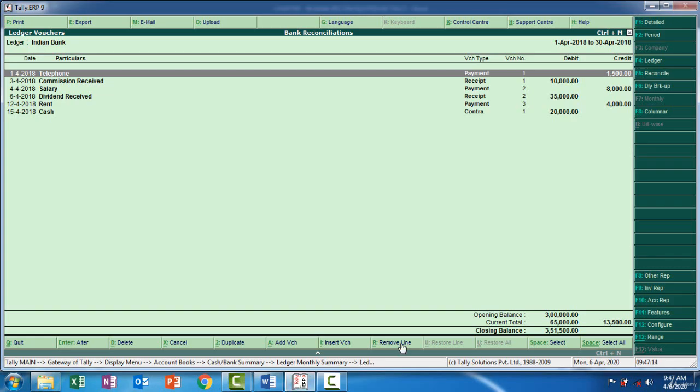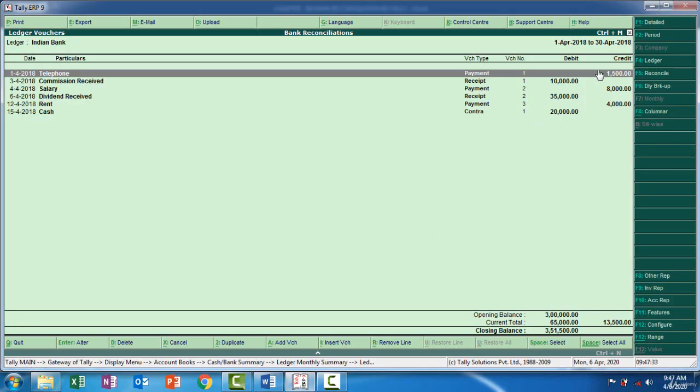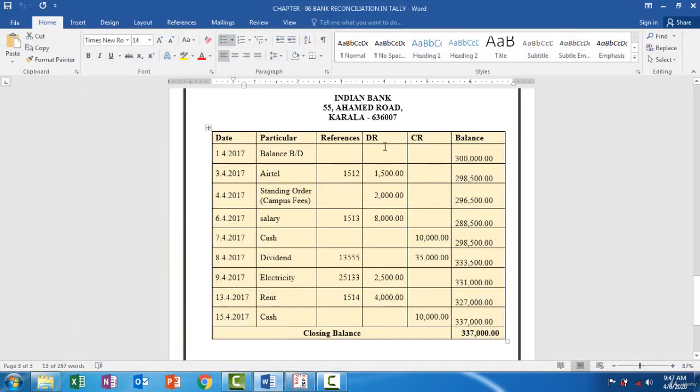First of all, we have to know the theory. In the company's bank book, the debit side equals the bank statement's credit side, right? And also the company's credit side equals the bank statement's debit side. This is the concept.